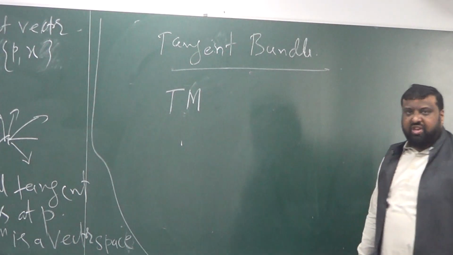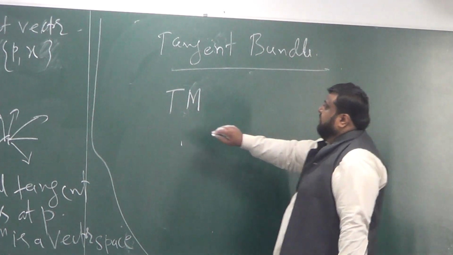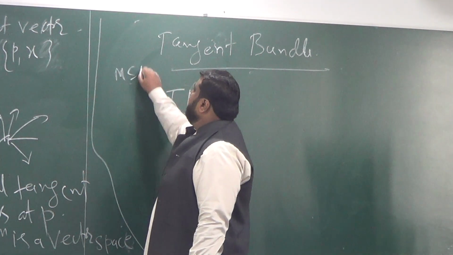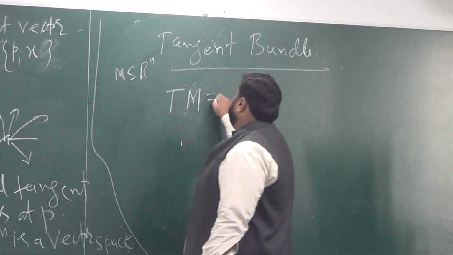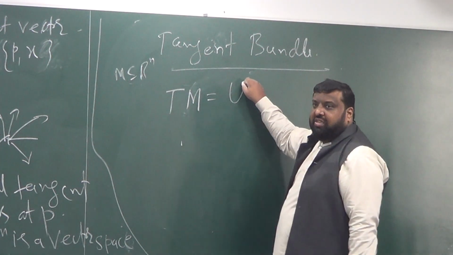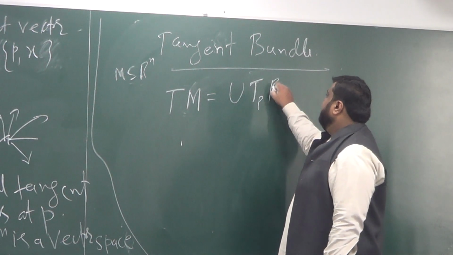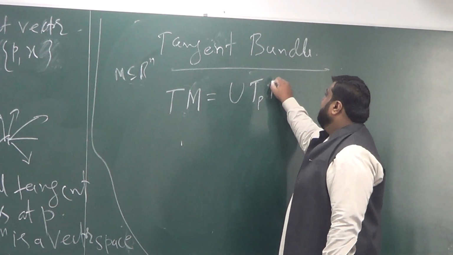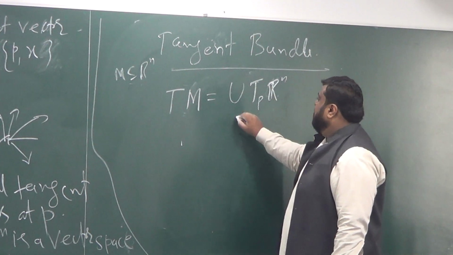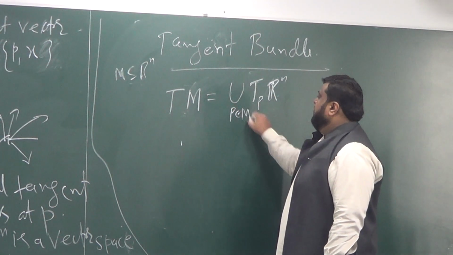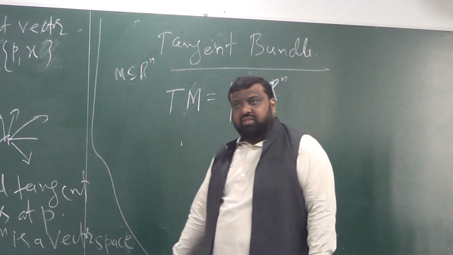Okay, at M, where M is some part of R^n. So it is what? It is the union of all disjoint tangent spaces that you can draw. Okay.